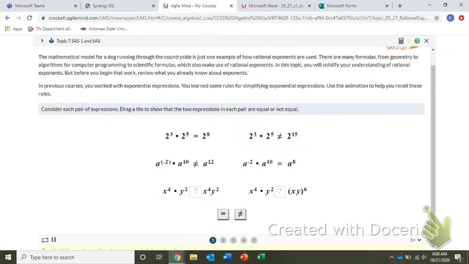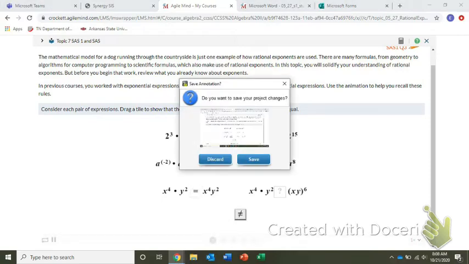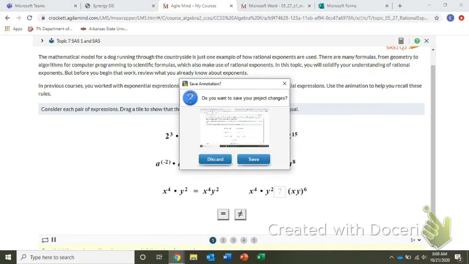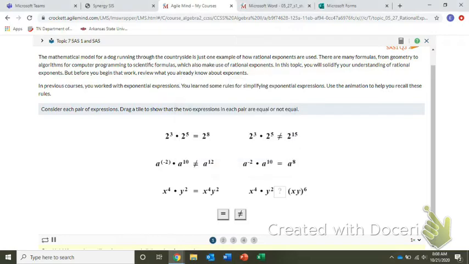So, this would be correct. However, the one on the right, x and y, not the same. So we cannot add our exponents. But what did they do? They added their exponents. So can you do that? No. So that one is not equal.